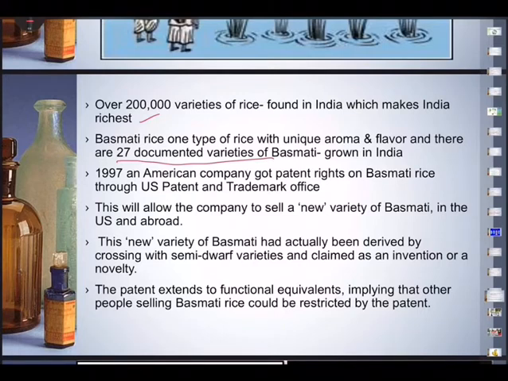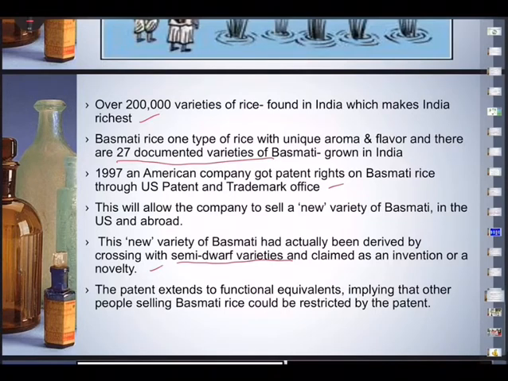In 1997, an American company got patent rights on basmati rice through the US Patent and Trademark Office. This will allow the company to sell a new variety of basmati in the US and abroad. This new variety of basmati had actually been derived by crossing with semi-dwarf varieties and claimed as an invention or a novelty.